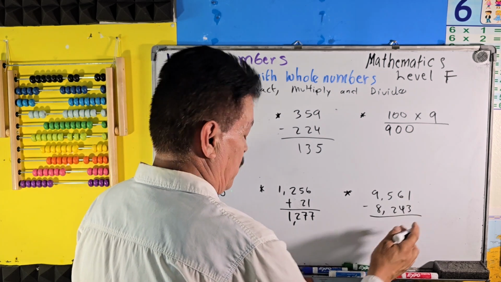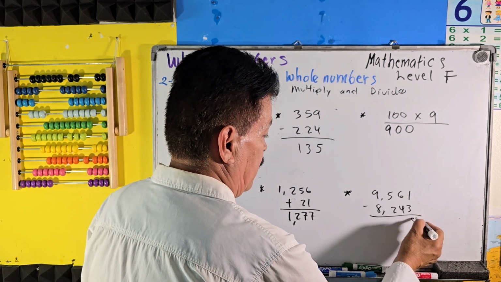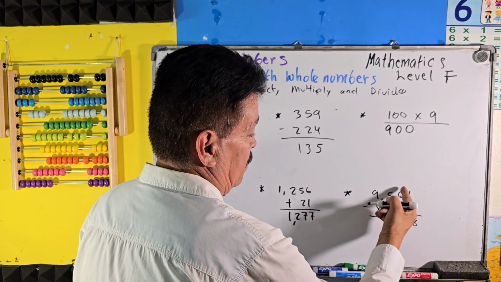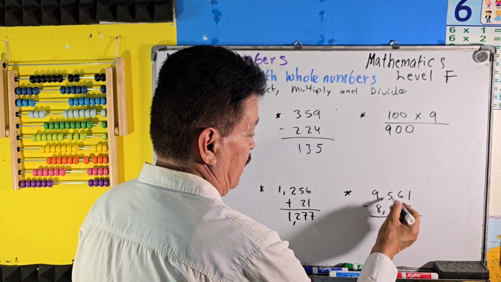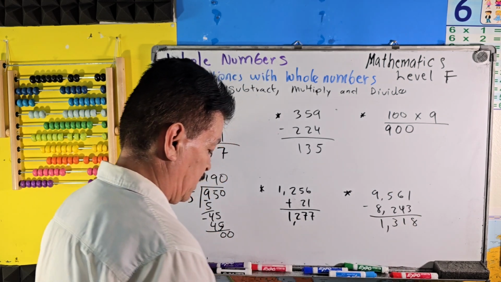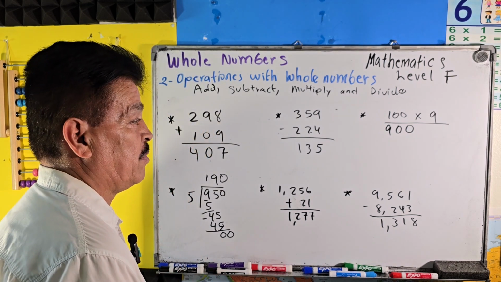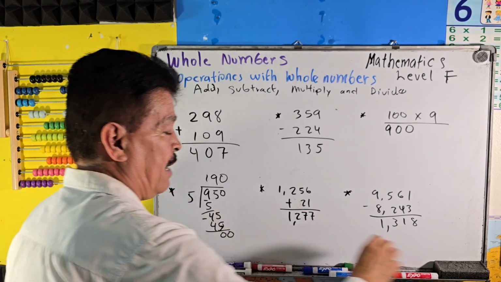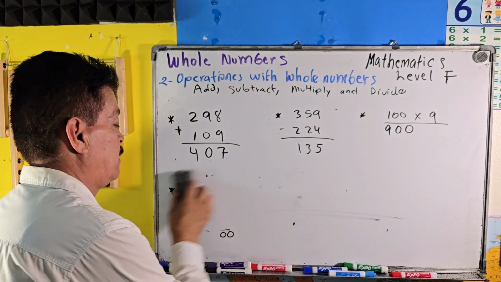So 11 minus 3 is 8. And then 1 here, so 5. 6 minus 5 is 1. 5 minus 2 is 3. 9 minus 8 is 1. That's it. That's a nice example, right? So very easy.